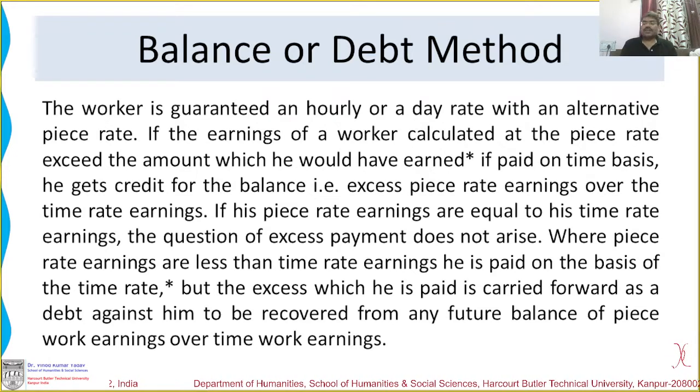If the earning of a worker calculated at the piece rate system exceeds the amount which he would have earned on time based wages, then he will get credit for the balance, meaning the excess. This way you can ensure the minimum amount of work, and the employee feels the minimum amount of wages is guaranteed.